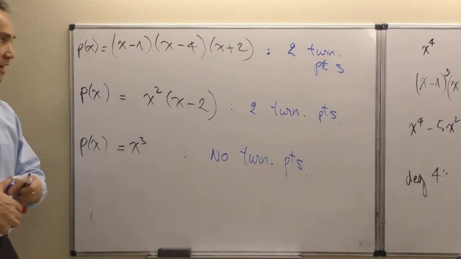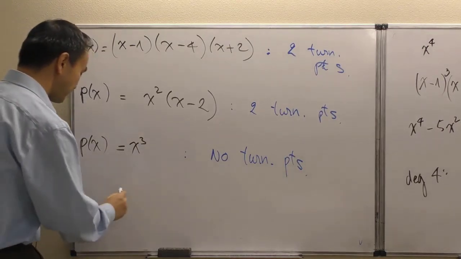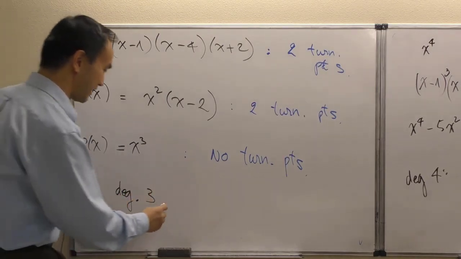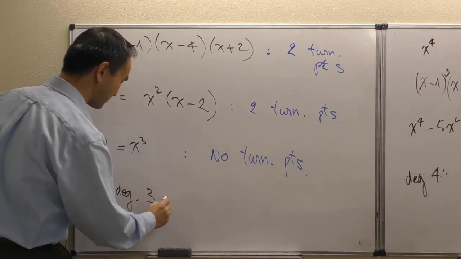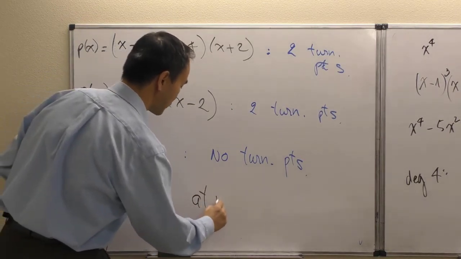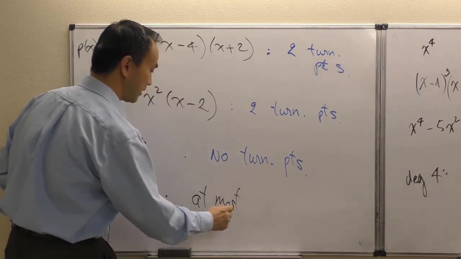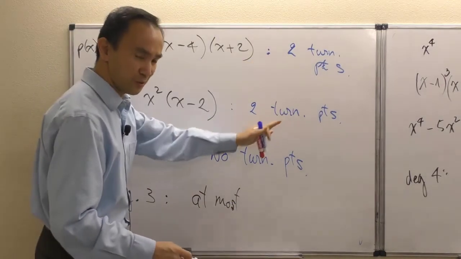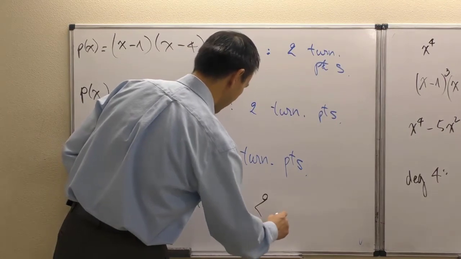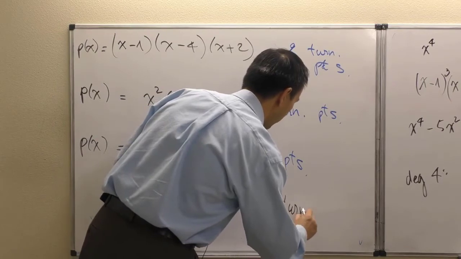All right, so for degree 3, we have at most, because we have seen some polynomials having 2 turning points or no turning points. So in the end, it's still at most. The conclusion here is that among the third degree polynomials, at most 2 turning points is what we found.